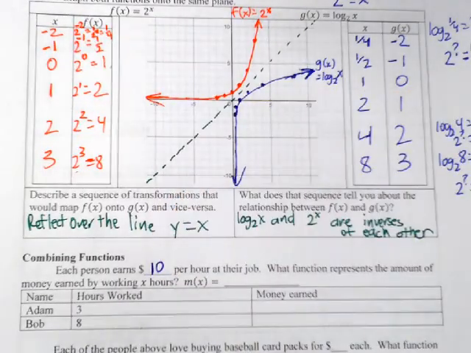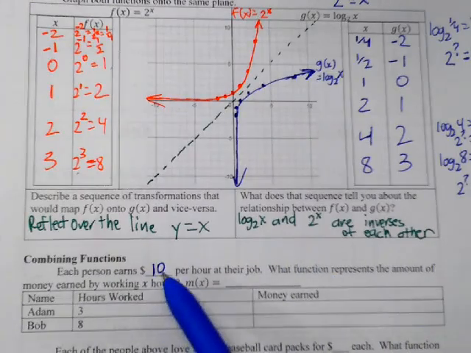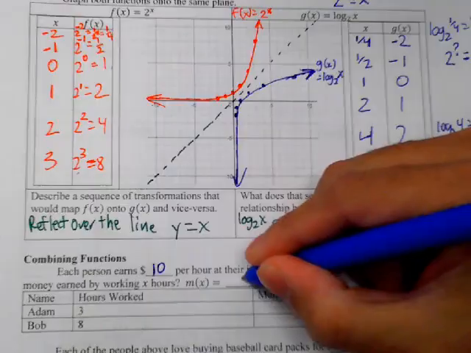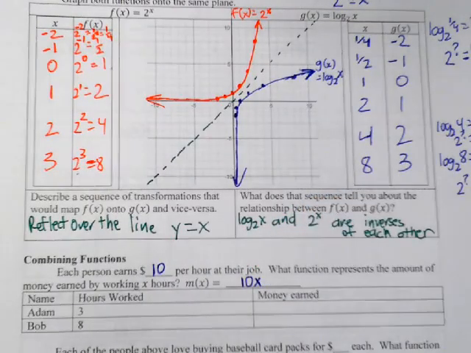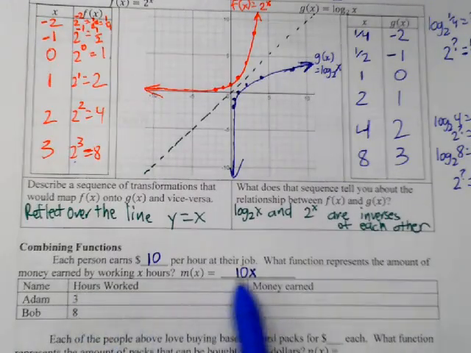If they work for X hours, how would you calculate the total amount of money earned? Yeah, you would multiply 10 by the number of hours X, so 10 times X is just 10X. So Adam, who worked 3 hours, you substitute 3 in for X. 10 times 3, he earned $30 total.